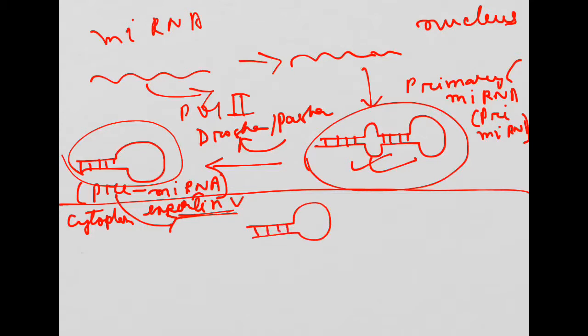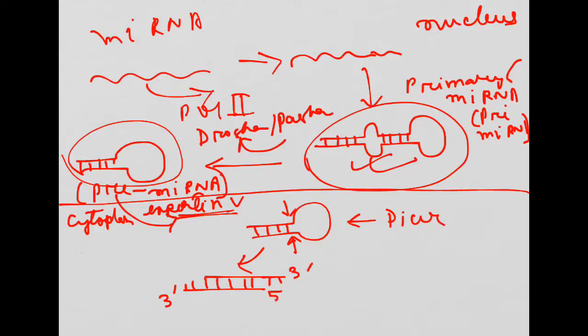Now this molecule is again processed by the enzyme Dicer present in the cytoplasm, which is an RNase III-like enzyme that will act on these strands, and it will separate this loop from this precursor miRNA molecule and form a structure like this. This will have a 2 nucleotide overhang on both the strands. Okay, this structure is known as miRNA duplex.